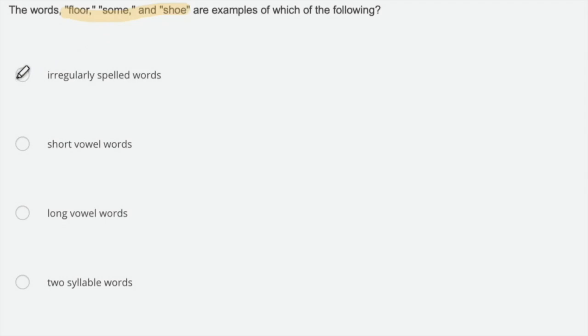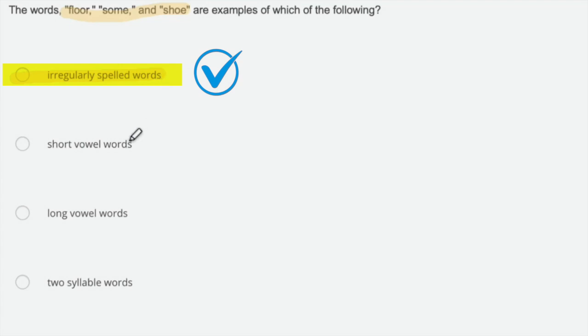Our correct answer is going to be the first one, irregularly spelled words. Why is that the correct answer? Well, these words that are in question do not have any set pattern that they follow. So they deviate from any sort of predictable, teachable pattern that we instruct our students on. And because they deviate from that pattern, they become more frequently misspelled.